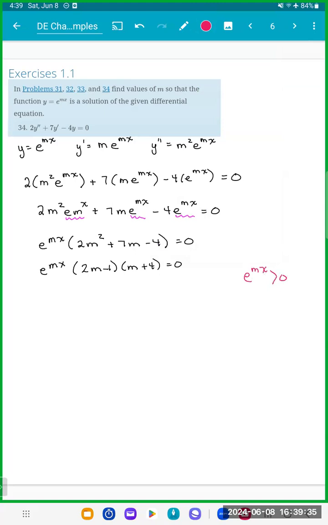So either our 2m minus 1 has to equal 0, or our m plus 4 has to equal 0. If this is the case, then m is equal to 1/2. And if this is the case, m would equal negative 4. So our solutions here would be y equals e to the negative 4x and y equals e to the x over 2. You could write 1/2 x, or you could write x over 2, but both of these are solutions.